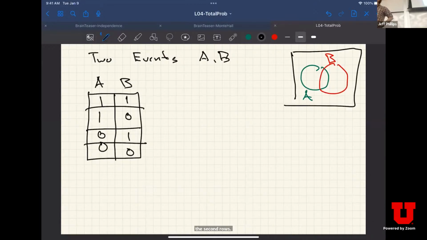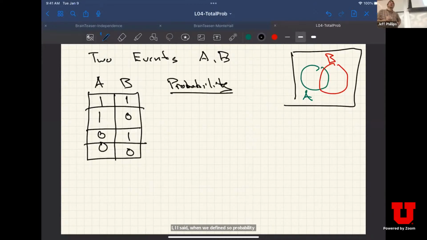Okay. And then I said when we defined probability, right? So probability was a function. It was this function P that went from these subsets to a value between 0 and 1, right?